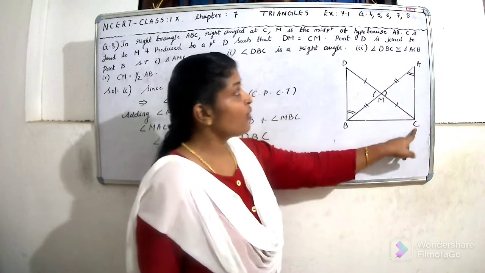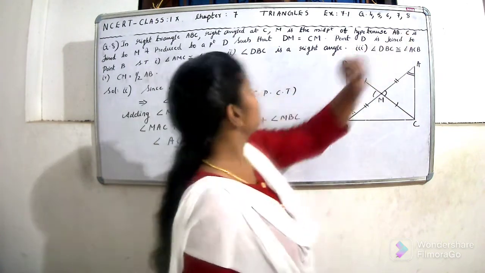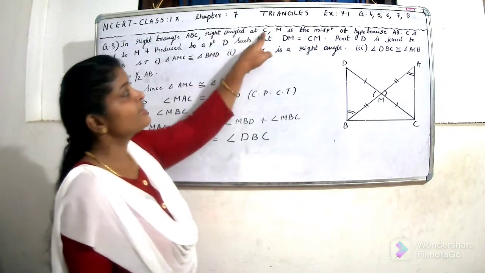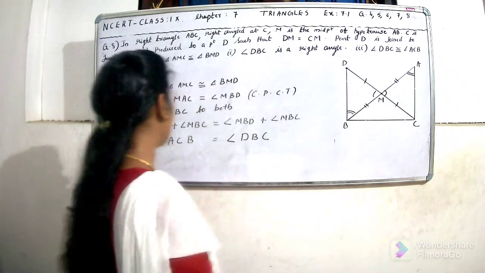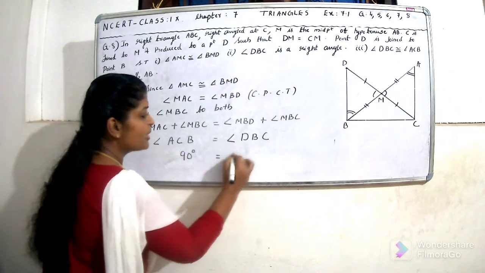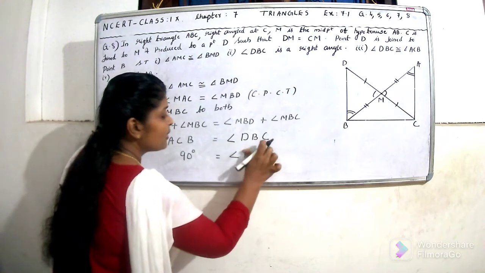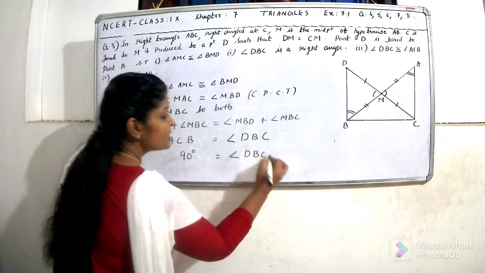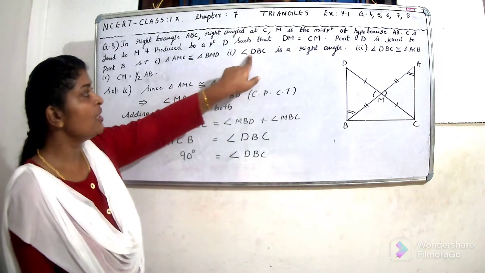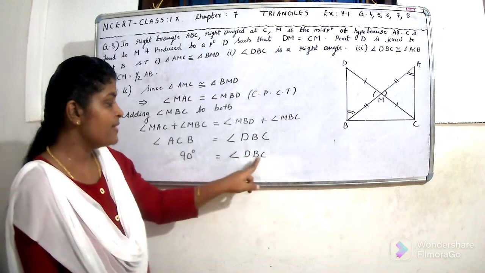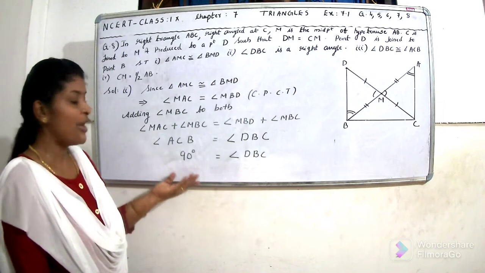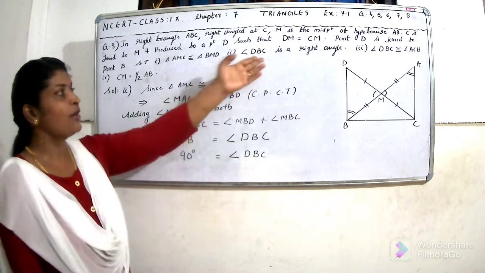They already said it is right angled at C, that means this corner is 90 degrees, so angle ACB is 90 degrees, and that is equal to angle DBC. The angle we have to prove is angle DBC, a right angle. We got 90 degrees, so hence proved. The second part is done.